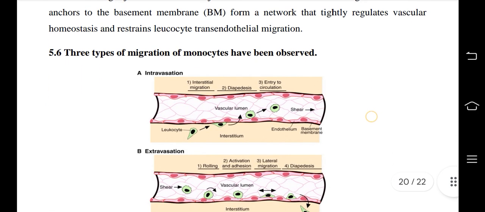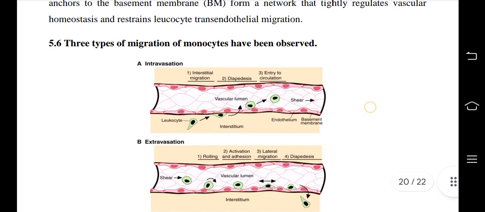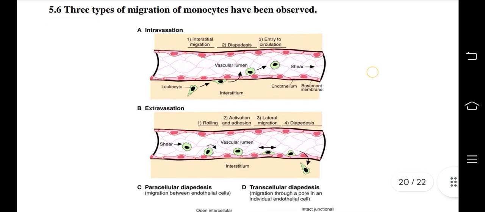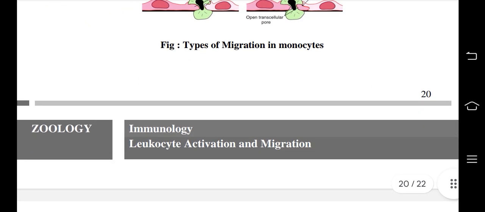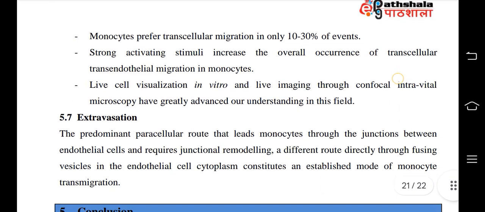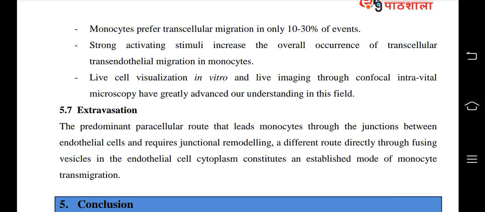Three types of migration of monocytes have been observed: intravasation, extravasation, paracellular diapedesis, and transcellular diapedesis. Monocytes prefer transcellular migration in only 10 to 30% of events. Strong activating stimuli increase the overall occurrence of transendothelial migration in monocytes.